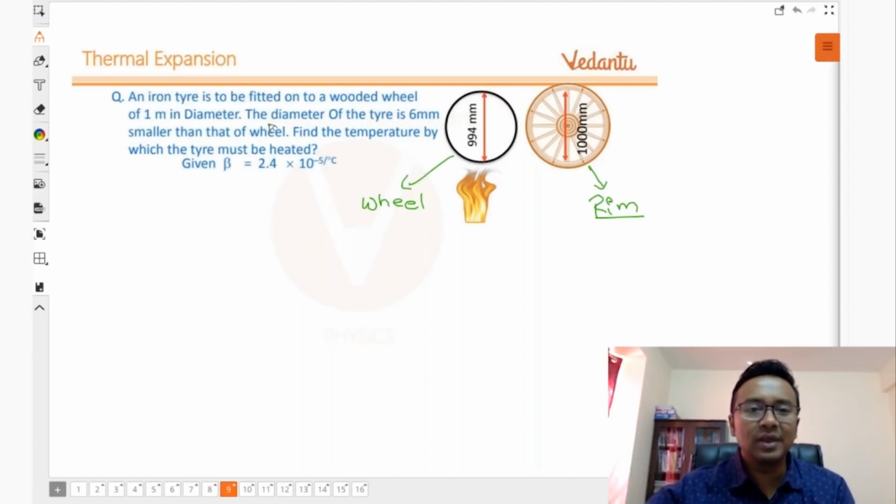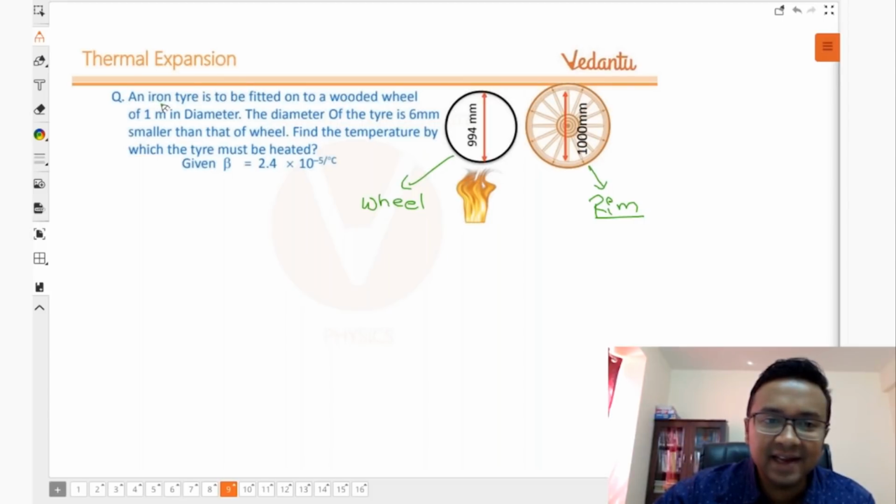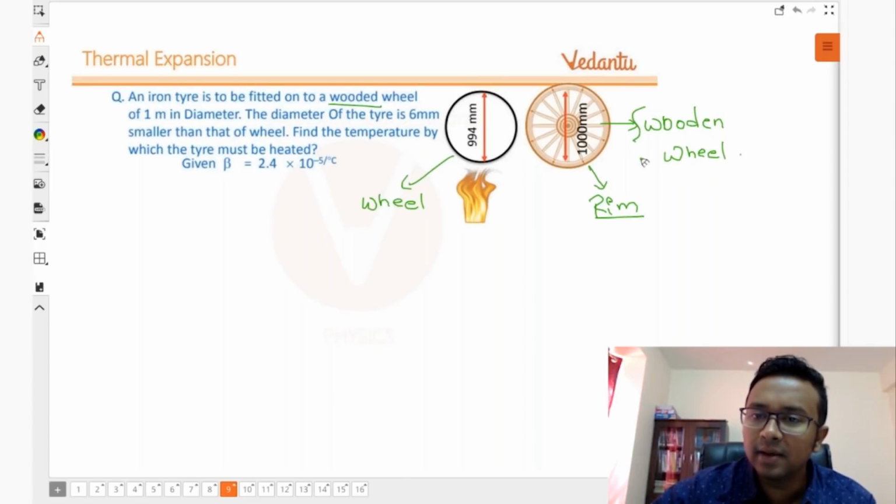So here they have asked us, there is an iron tire to be fitted on a wooden wheel. So we have this as my wooden wheel, and the diameter of the tire is 6 millimeter smaller than that of the wheel. They have told us the diameter of the wooden wheel is 1 meter, which is equivalent to 1000 millimeter.